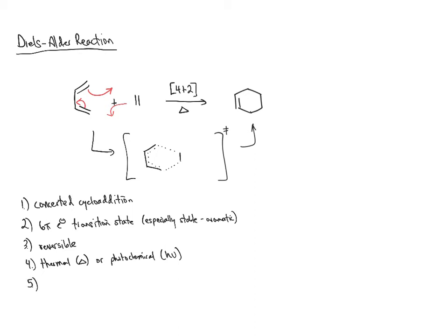Another feature of Diels Alder reactions is that they are stereospecific. So this means that any stereochemical information that you have in the starting materials will be propagated through to the products. And the sixth feature is that it's thermodynamically favored.